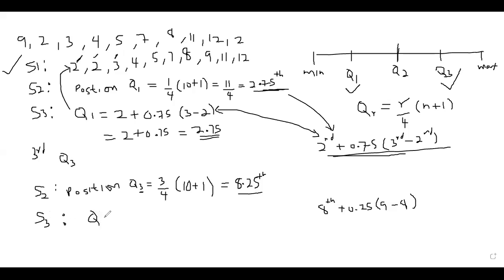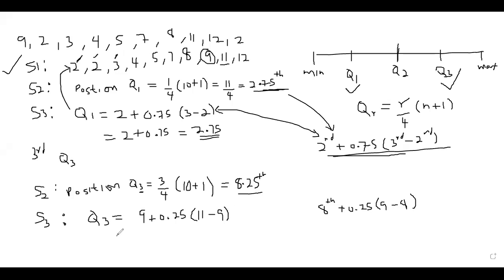So we have Q3 will be the 8th position. There will be 1, 2, 3, 4, 5, 6, 7, 8. So this is our 8th observation, which is 9, plus we have 0.25, okay, the 9th position, which is 11, minus the 8th position, which is 9.